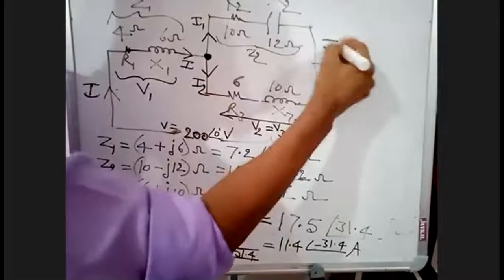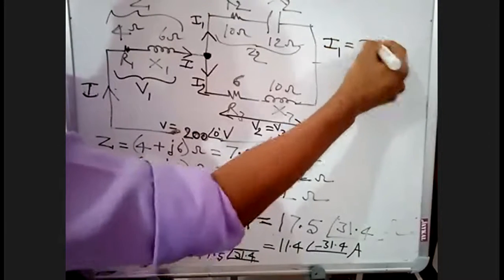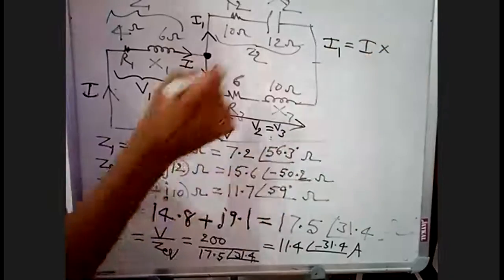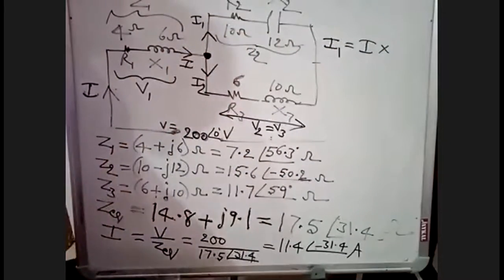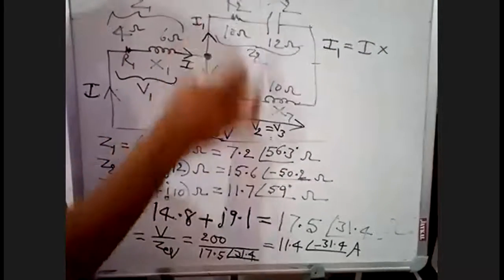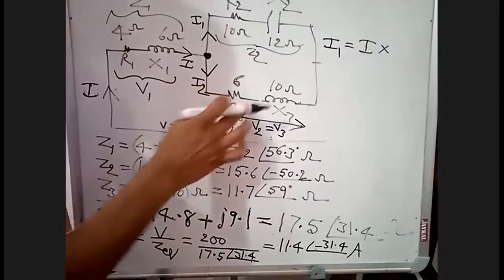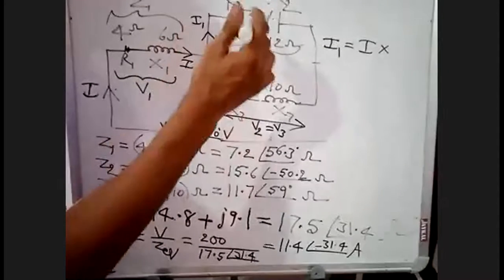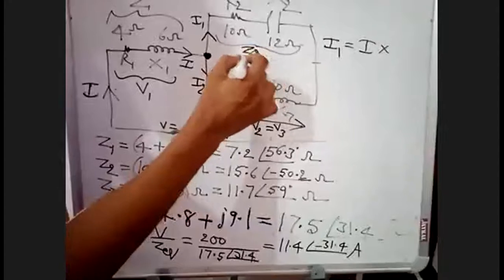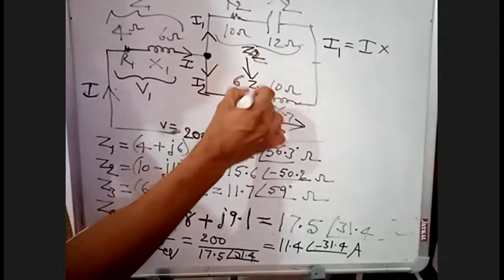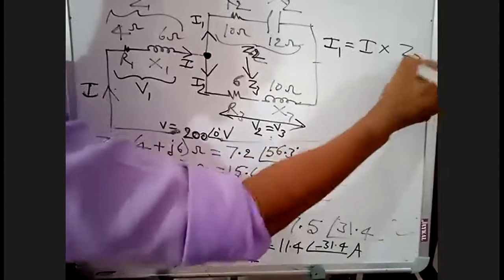I1 is equal to, apply the current divider in parallel: total current into the opposite branch. What is the opposite branch for I1? I1 is flowing in Z2, so the opposite branch for Z2 is Z3.